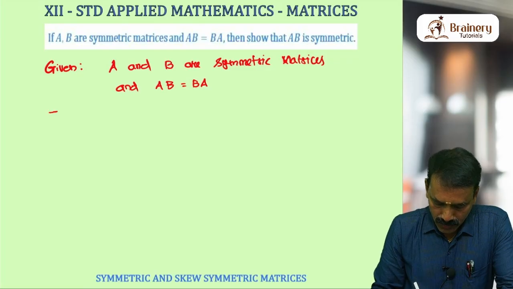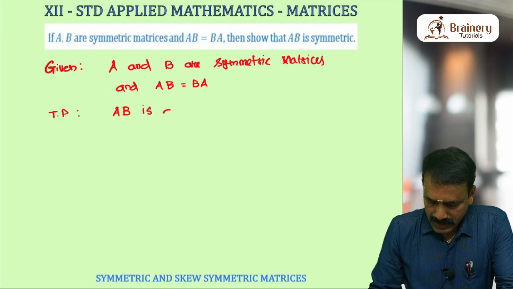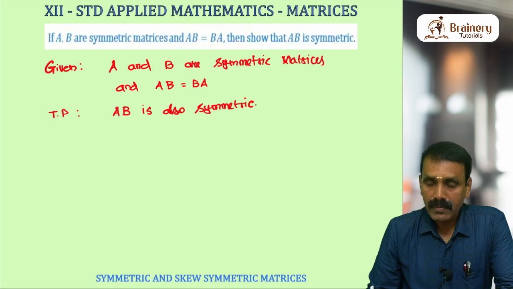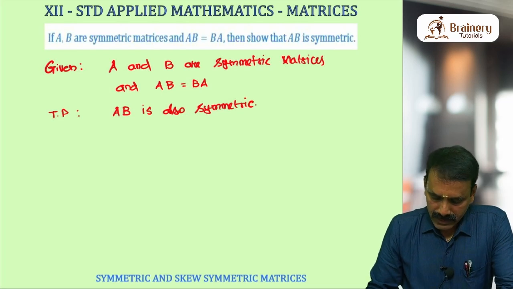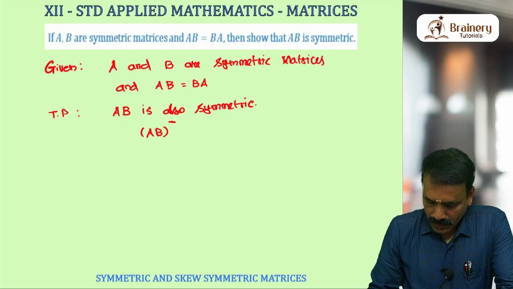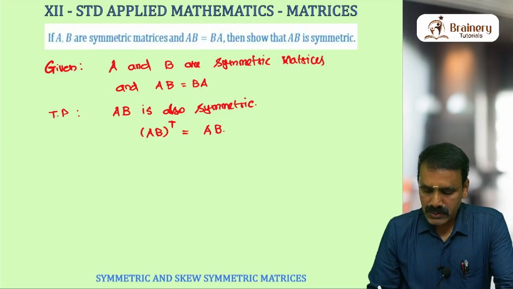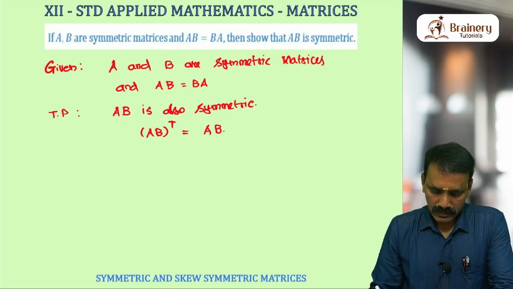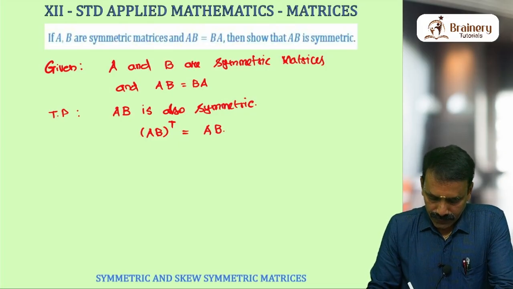To prove the product AB is also symmetric. That is, we must prove that AB whole transpose is also equal to AB. This is what we are supposed to prove. So we start with the proof.